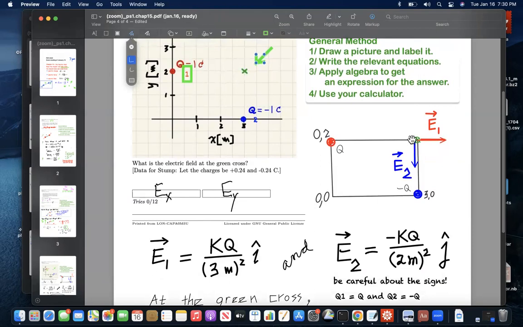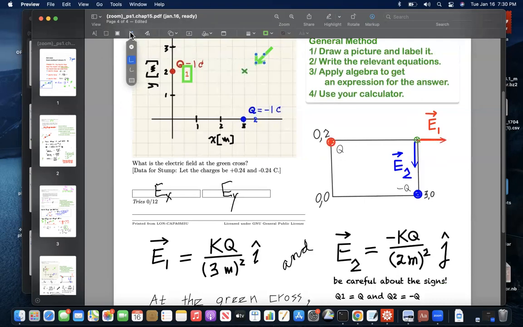Now, the electric field at the green point will be the sum of two electric fields. Because when you have multiple charges, each charge has its own electric field, and the net electric field is just the sum of the electric fields of the individual charges. So there'll be an electric field for this one.